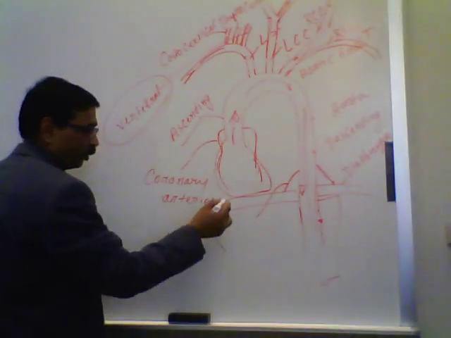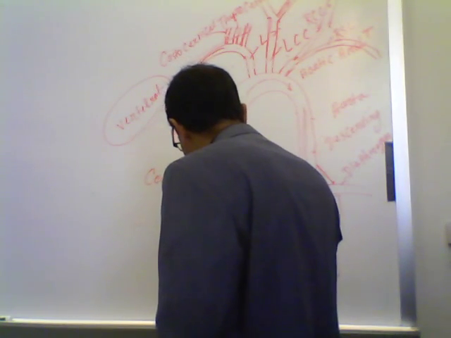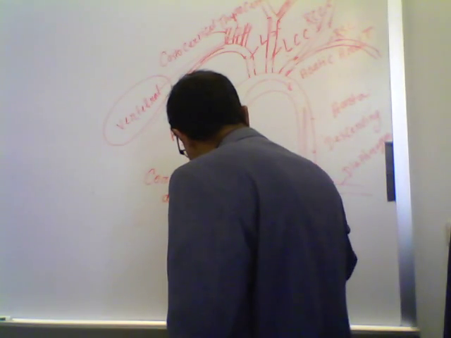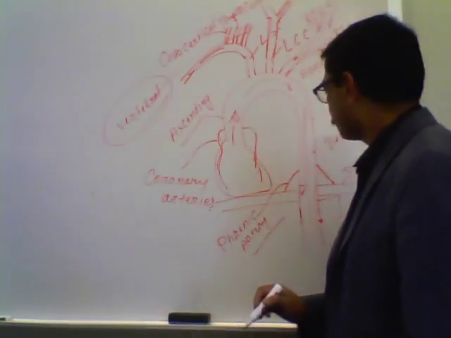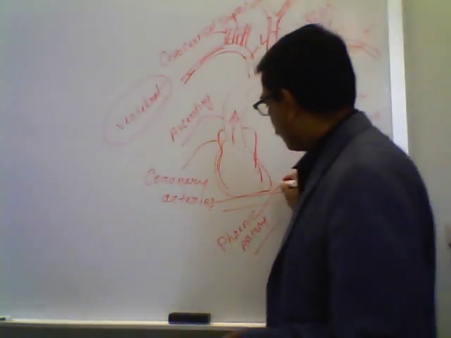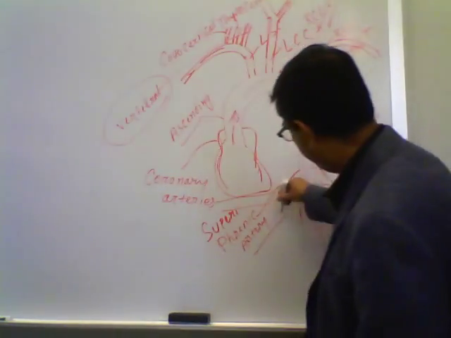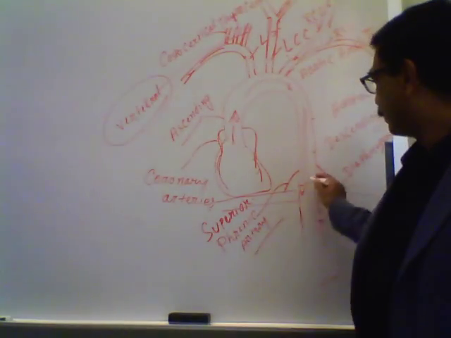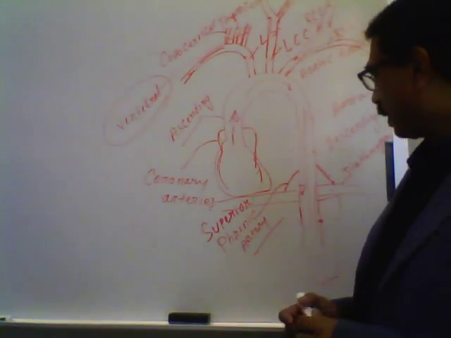So the phrenic nerve goes to the diaphragm, and phrenic arteries go to the diaphragm. These are called superior phrenic arteries because they are coming from above, like this. Superior phrenic arteries go to the diaphragm from the thoracic aorta.